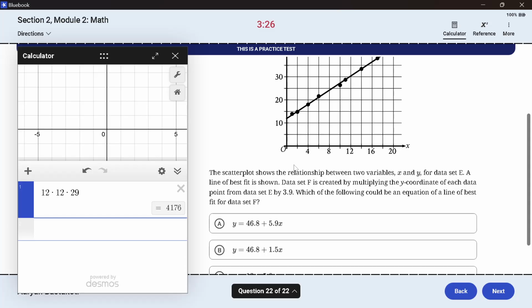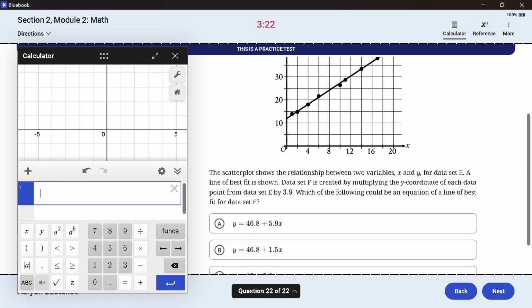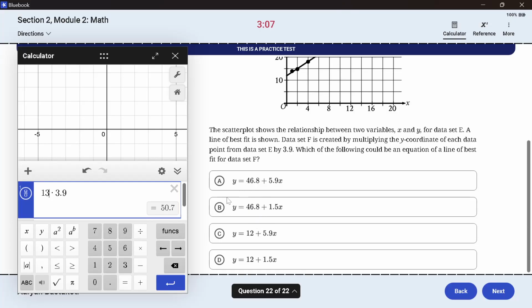Since y is multiplied by 3.9, it's around 46.8. If we were to do 13, it's 50.7. So yeah, one of these is the right answer.